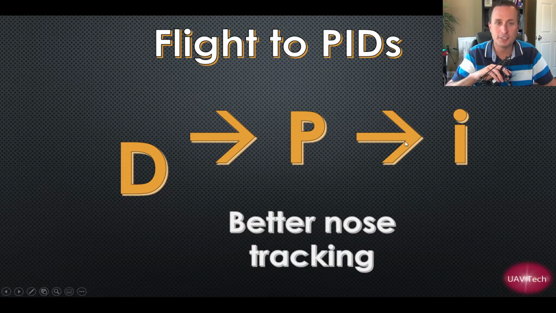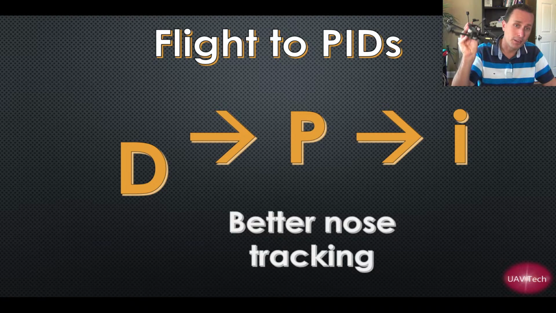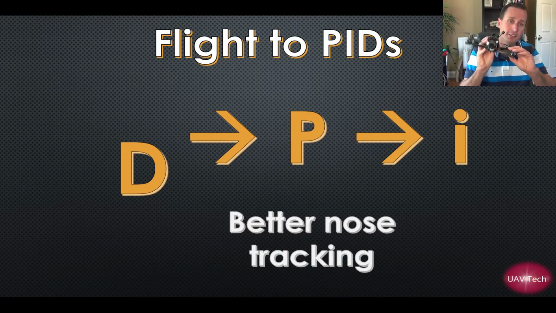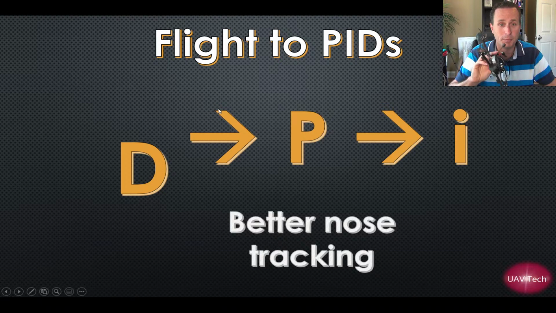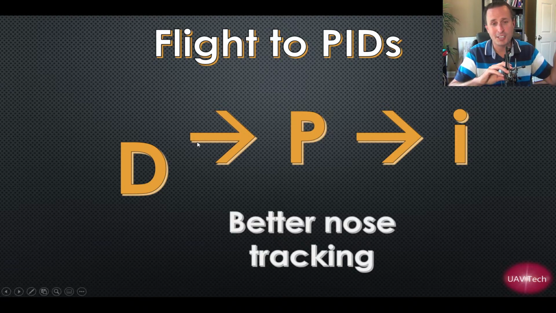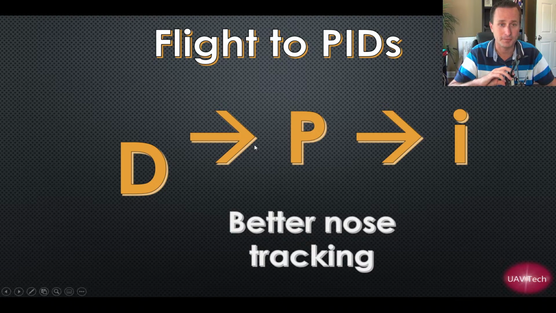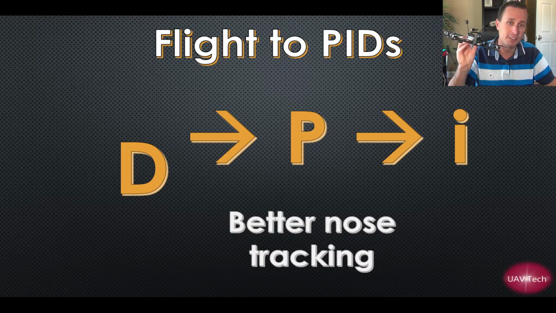You would raise the I term to come along for the ride because we only want to adjust one thing. We want to get better nose tracking or better throttles. If you're punching the throttle and you want to get better tracking on that, there's little side features like anti-gravity and things, but the core fundamental is you need more P term so that the quad stays on the nose.